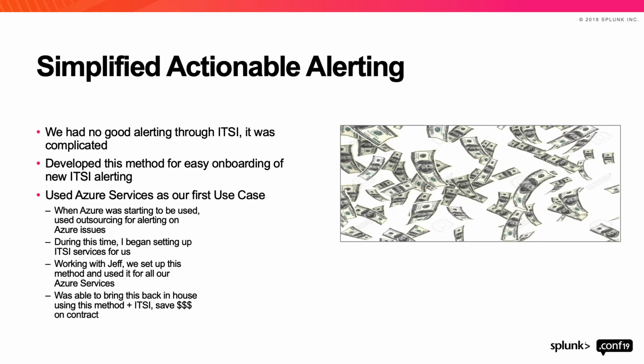So I created a bunch of KPIs for all our Azure services. I consulted with our Azure SMEs, and we set the thresholding. We decided which ones are important, which ones are not. Then we set those up in ITSI. I then applied this method to it, and we started practicing doing test alerts. Once our Azure SMEs were happy with the test alerts, we went live with it.